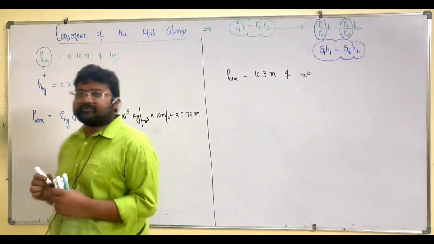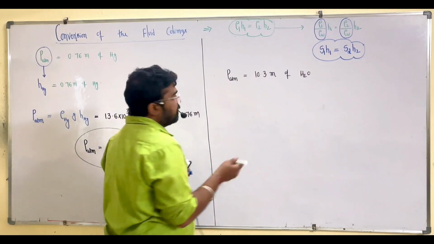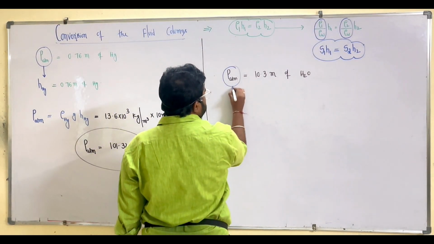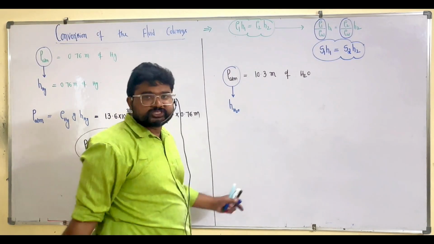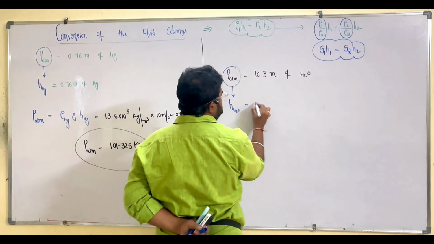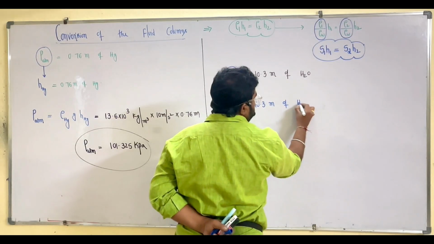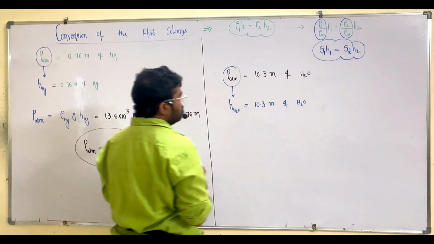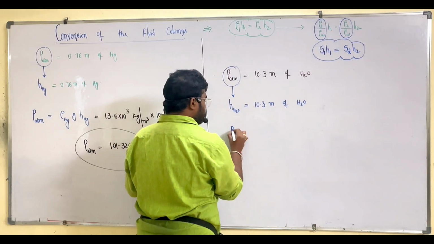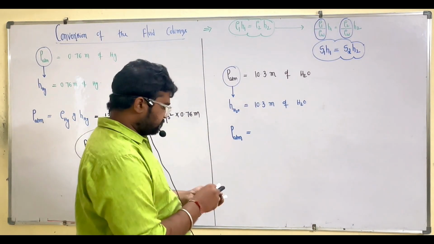What does 10.3 meter of water mean? What has been given here? H water equals how much? 10.3 meter of water. Then what is the P atmospheric? P atmospheric equals how much?